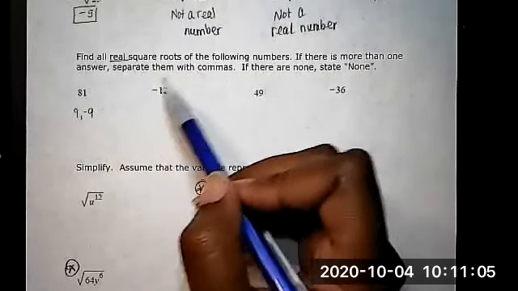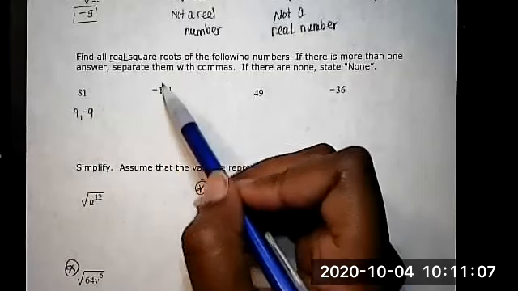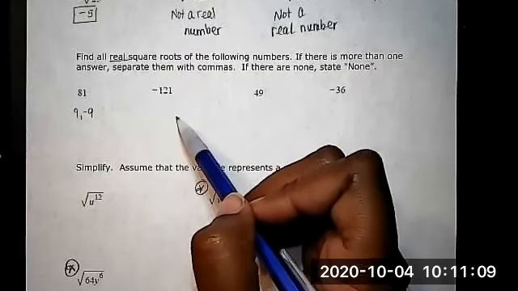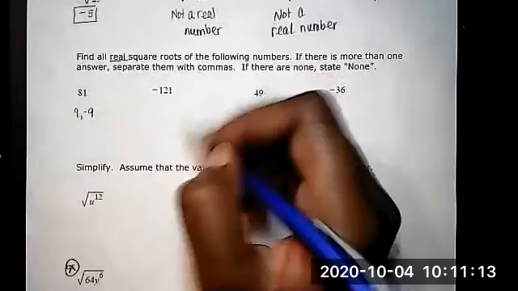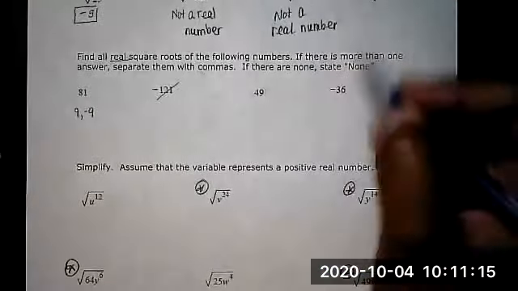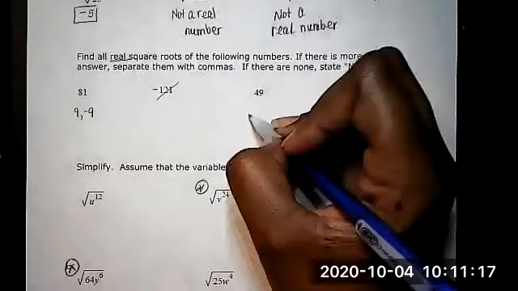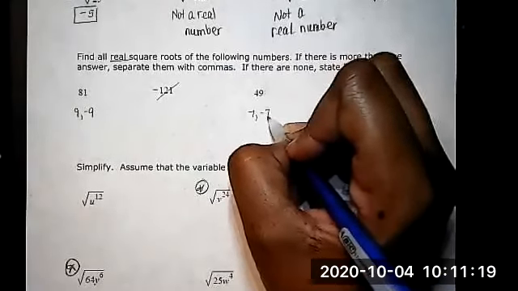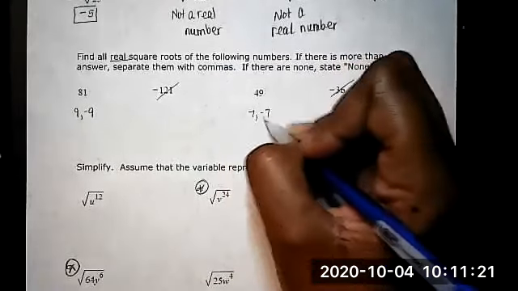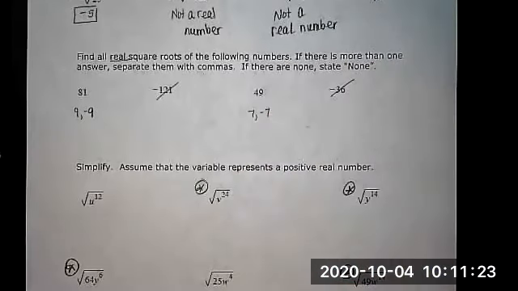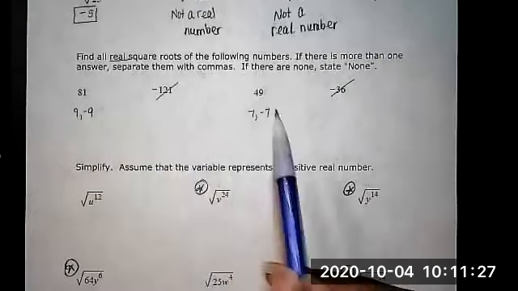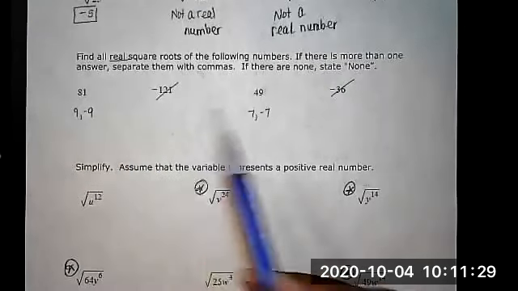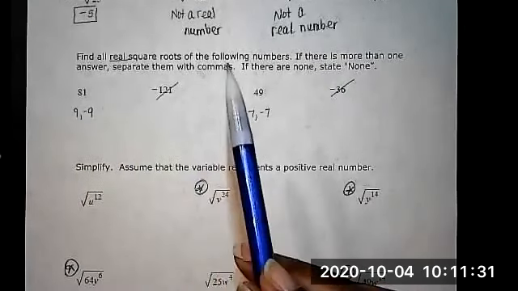If you multiply 11 times 11, you get +121. If you multiply -11 times -11, you get +121. So this cannot happen. This one is none. Okay, there's none there, none there, and same thing applies here. 7 and -7. Multiply 7 times 7, you get 49. -7 times -7, +49. So that's what they kind of want to relate to you, so that you understand that these are real solutions to these if you had the square root.